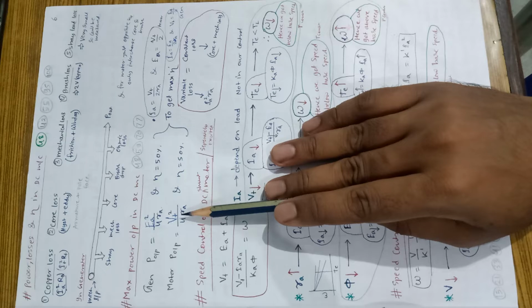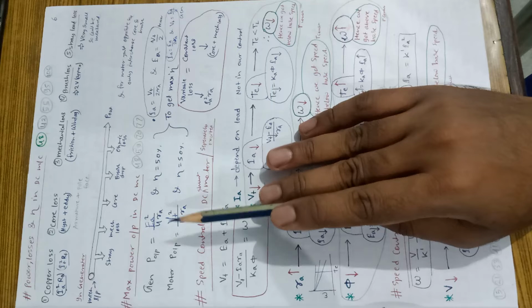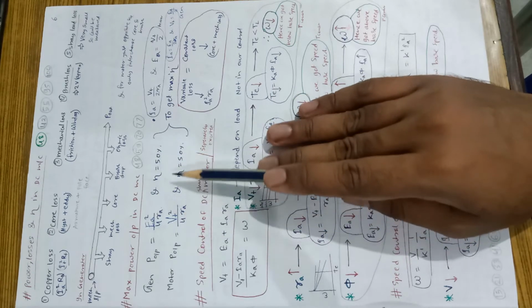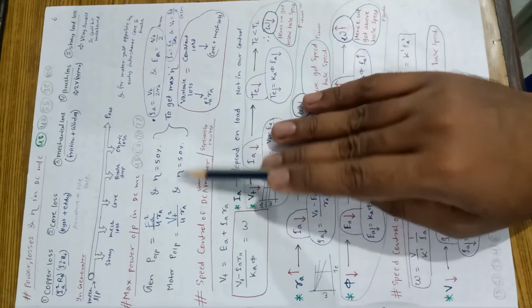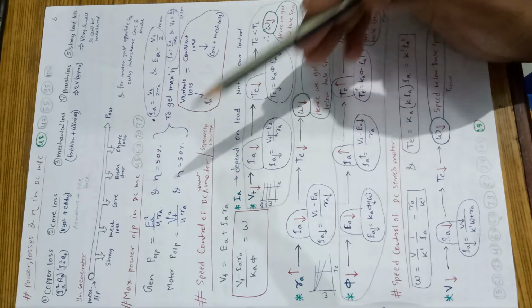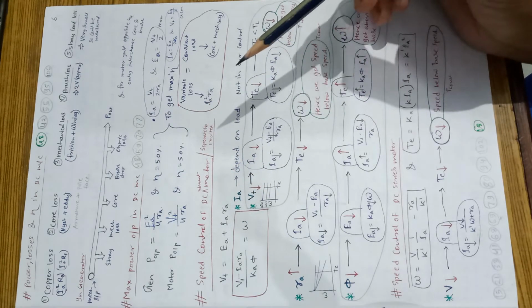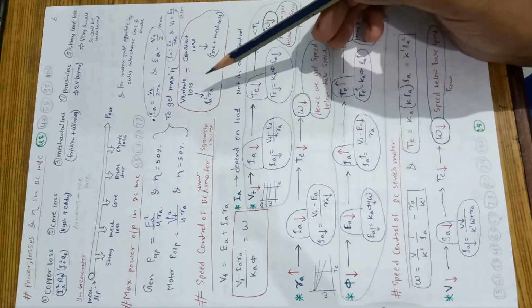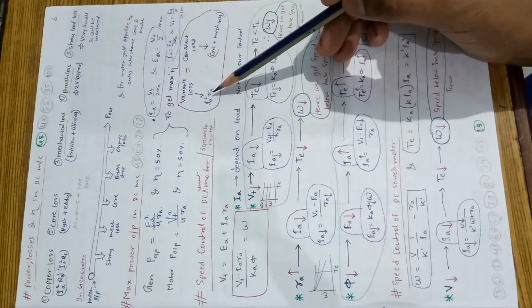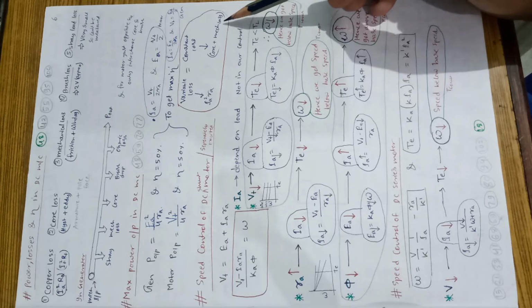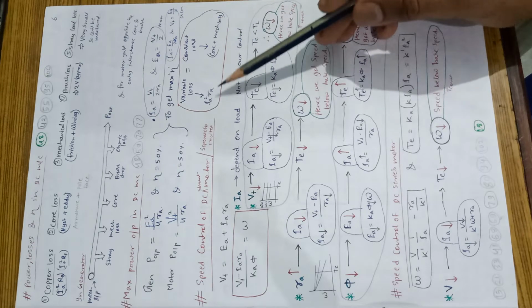And remember one thing, when we get maximum power output from a DC machine, whether it is a motor or a generator, its efficiency will become 50%. If we want maximum efficiency from the machine, we have to make variable loss equal to constant loss. Copper loss is the variable loss, Ia square Ra, which should equal the core loss plus mechanical loss, the constant loss.